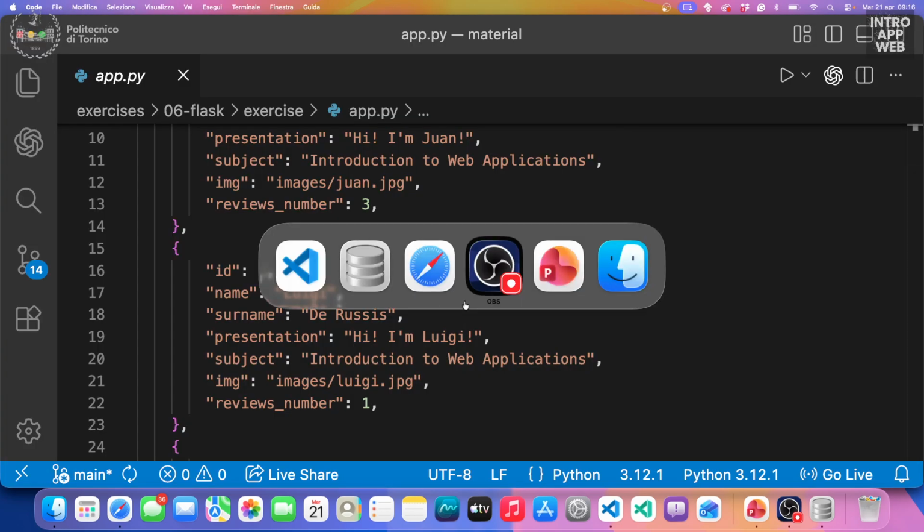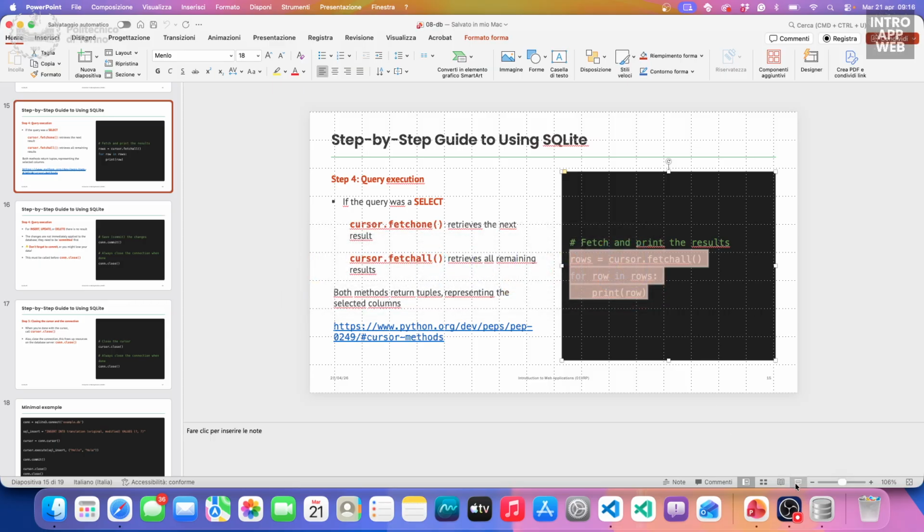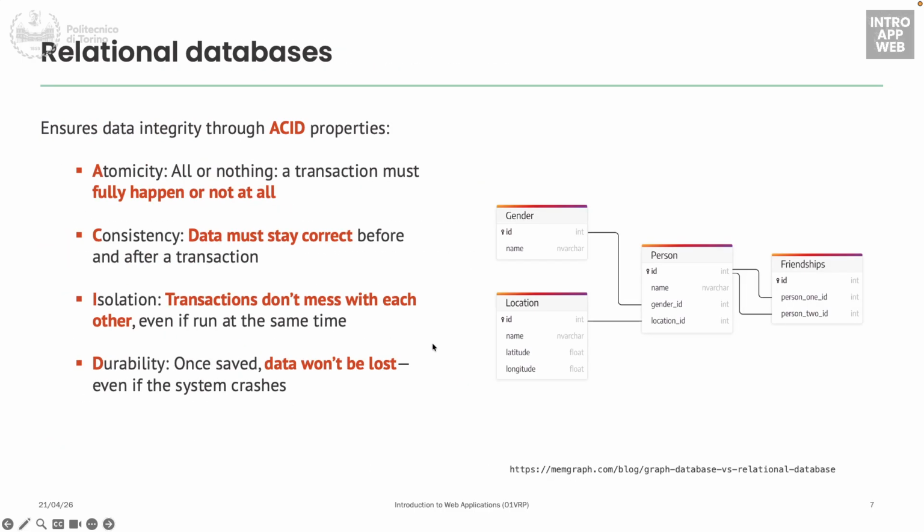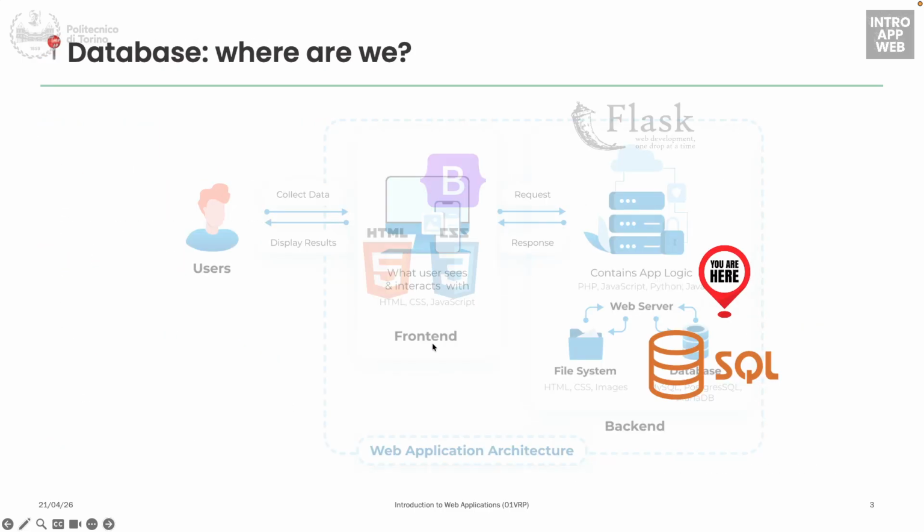This is consistent with our architecture, and as you can see here, that's the reason why we have this file system: we are not saving the images directly into the database, but we have a different file system from where the images can be downloaded.